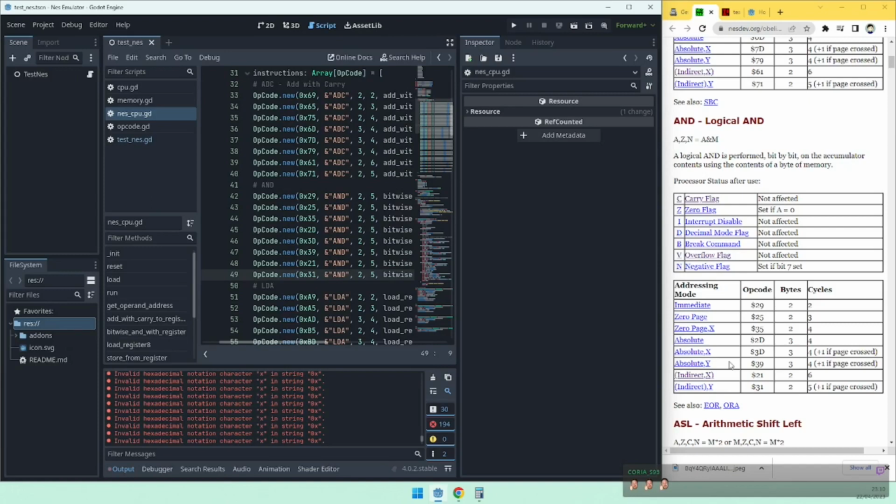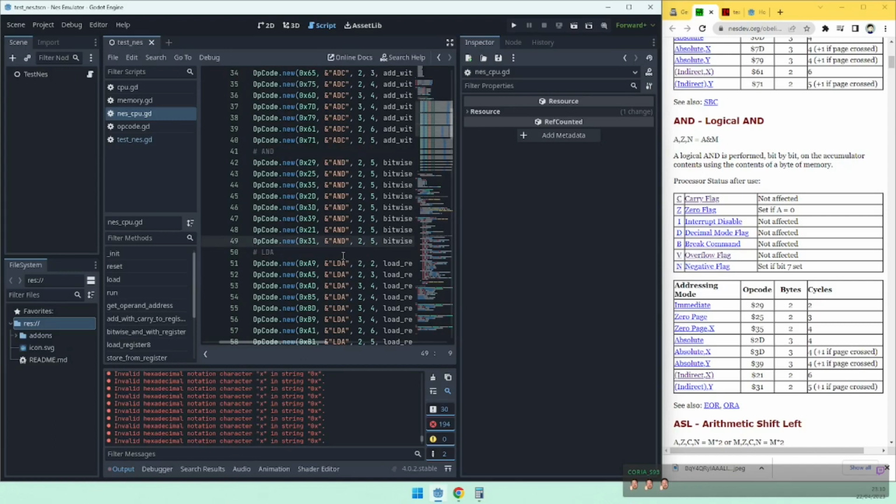So now let's see the bytes and cycles. The first 3 use 2 bytes. The second 3 are 3 bytes, and the last 2 are 2 bytes.